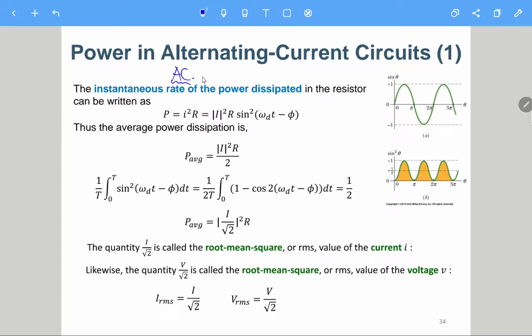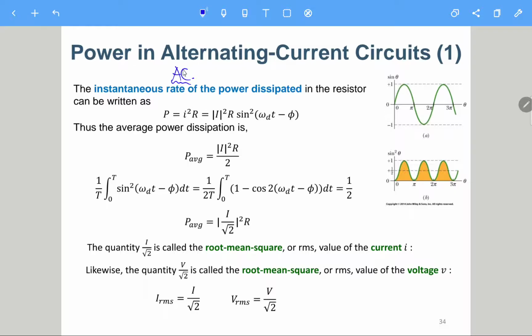Now, as we have an AC source, the waveform is sinusoidal, so whether it is the voltage or the current, the power will also be a sinusoidal wave. And the load is not necessarily resistive.